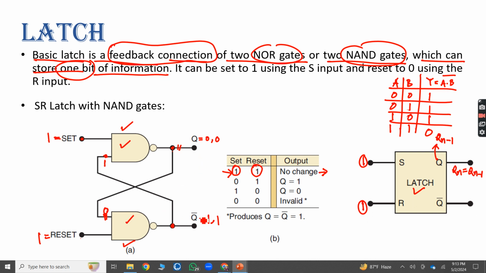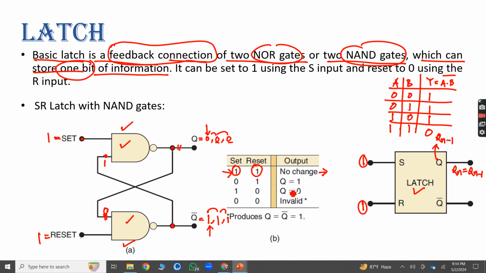So again, this 1 will go as input here and this 0 will come as input here. So the output will be again 0 and here the output will be again 1. So here you can see 0 and 1 was my previous state and the new state is following the previous state, right? Yes, sir.